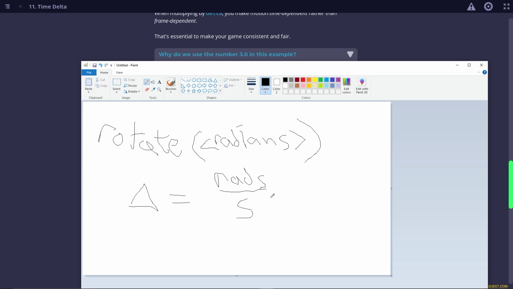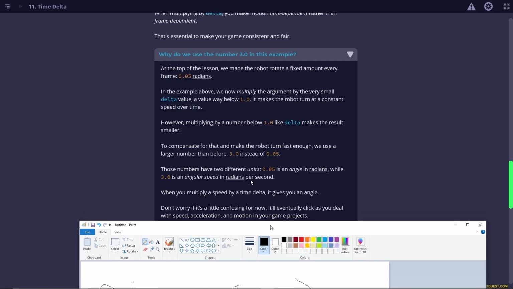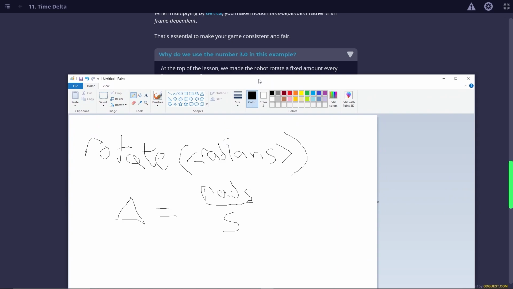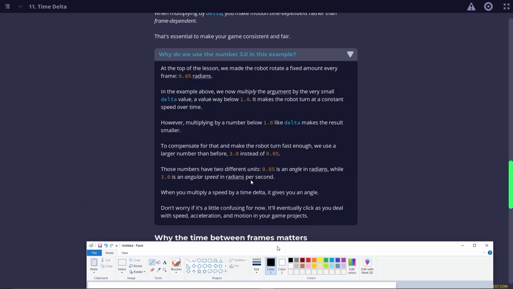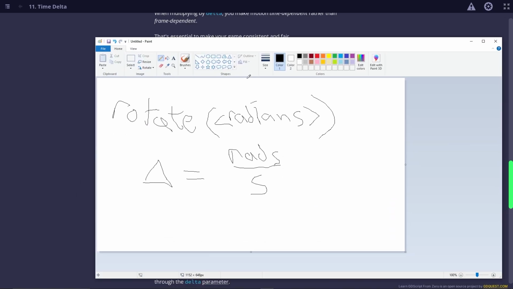All right. And then so we're saying delta times, what was it? Delta is seconds. No, delta isn't radians per second. Delta is seconds. And the angular speed is radians per second. So delta is seconds.